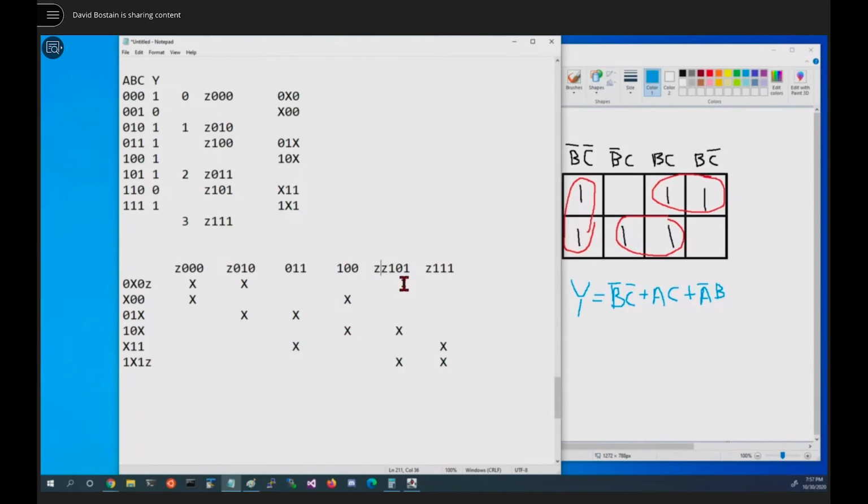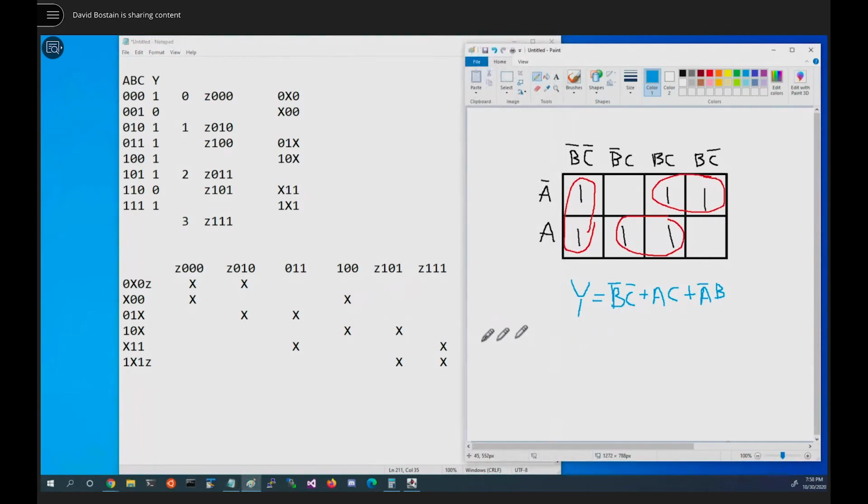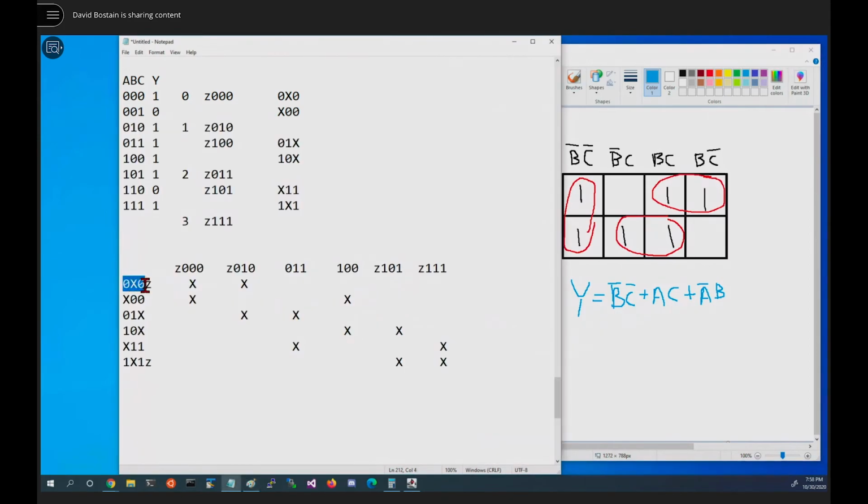Now, we must have made a mistake somewhere in our typing, I'm thinking. Because, why don't I put 2 Z's there? We know that, and you'll have to go back and check if I did. We know that not B, not C, which does turn out to be this guy, right, is included.